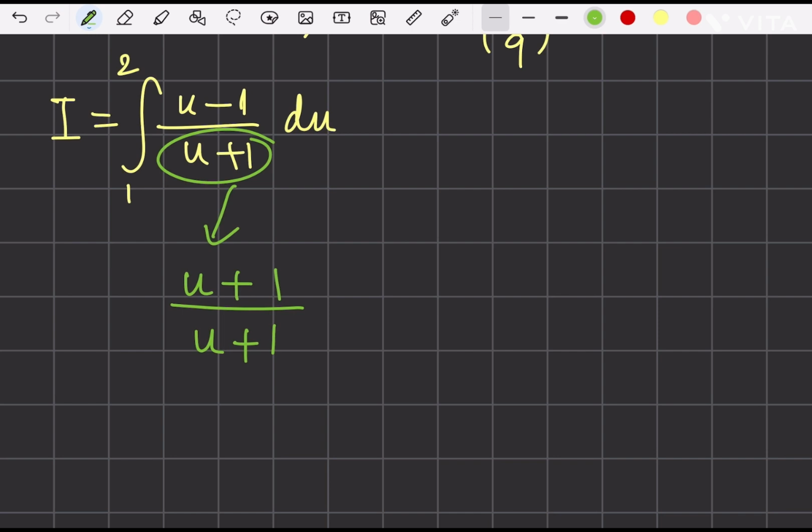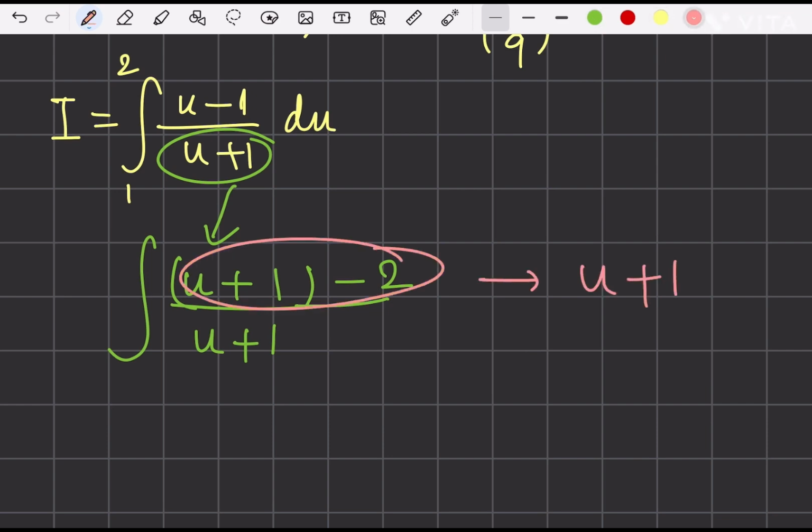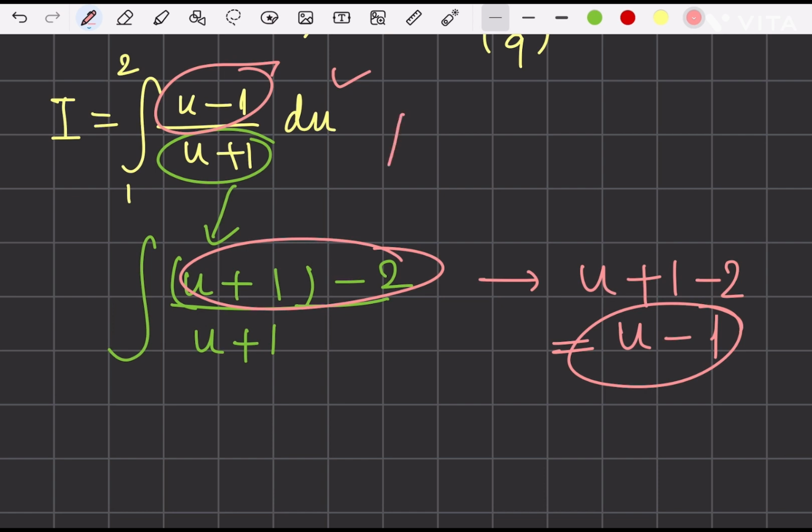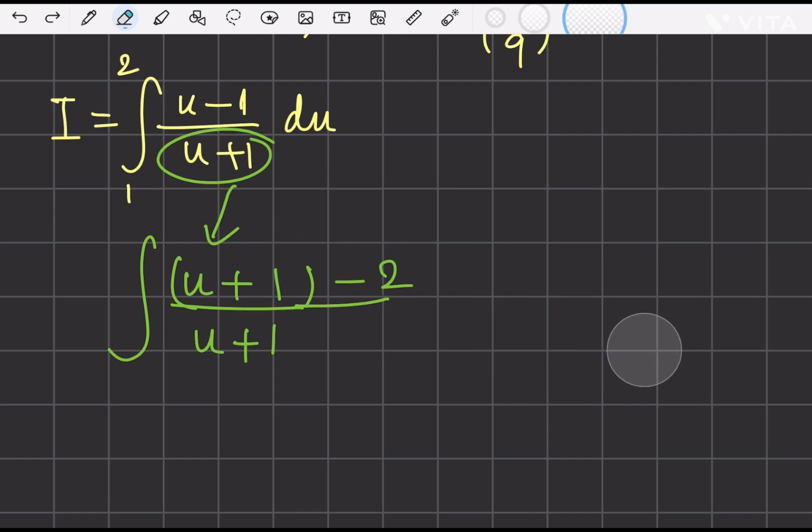So I can just write this plus 2, or we can just do it minus 2 instead, because when I open the bracket, the value for this will be nothing but u plus 1 minus 2, which is u minus 1, the same as this. But I'm just breaking it down in such a way which will help me to simplify.